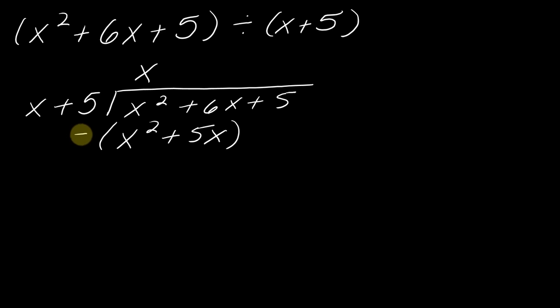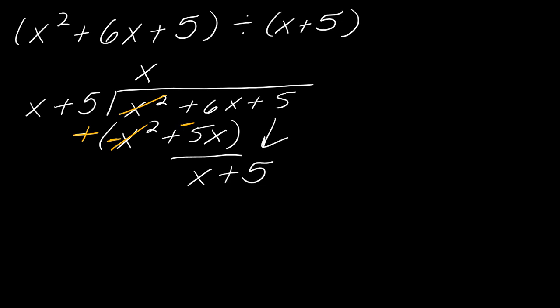One thing I've noticed students do over the years when they're first getting used to this is they will replace all the signs in the problem with another color, so they flip every single sign. Now I can see that this is x squared minus x squared, which cancels out the x squareds, which was our goal. But also now I can see that I need to take 6x minus 5x, which is x. And then I can bring down the plus 5.